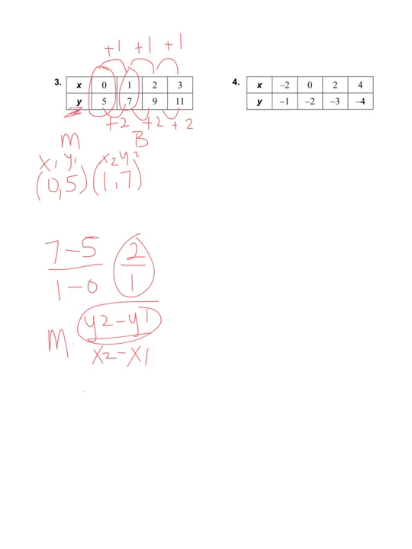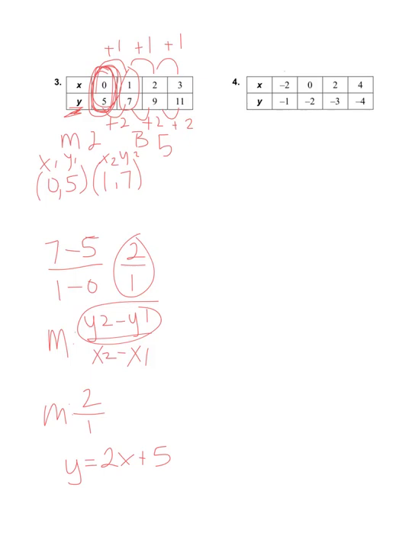The change in y is positive 2. The change in x is just 1. And so our slope is 2 over 1. To find the y-intercept, you always want to look for where x equals 0. And where x equals 0 is at 5. So our b is 5. And our slope is 2. So our equation, I'll write it here at the bottom, is going to be y equals 2x plus 5. And that's how you do 3.